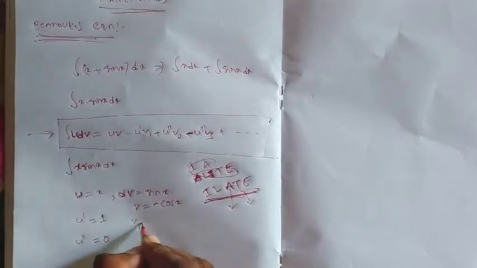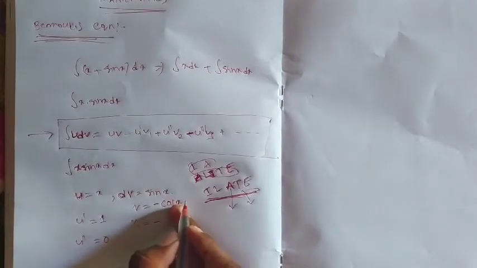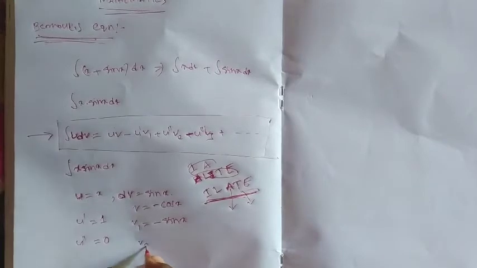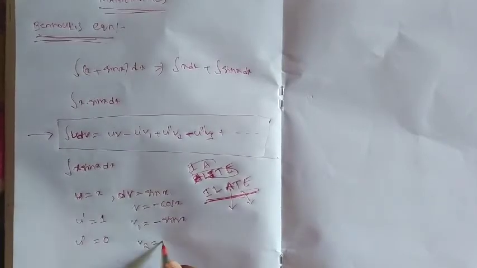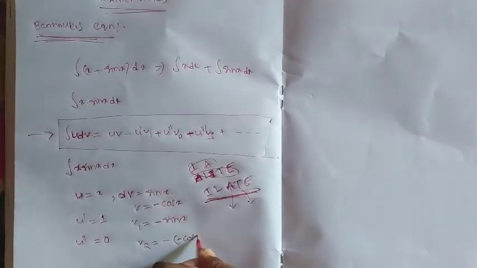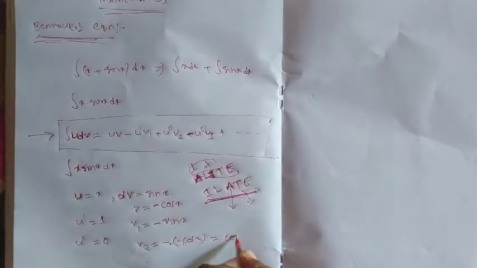Next, v1 is equal to the integration of minus cos x. The minus comes outside, and the integration of cos x is sin x, so v1 is minus sin x. Next, v2 is the integration of minus sin x: minus into minus is plus, so v2 is equal to cos x.